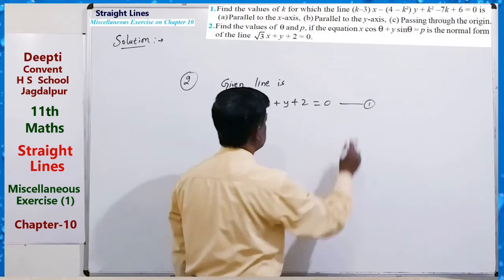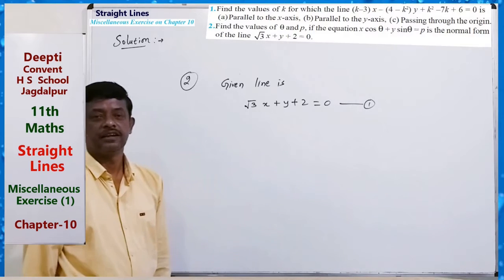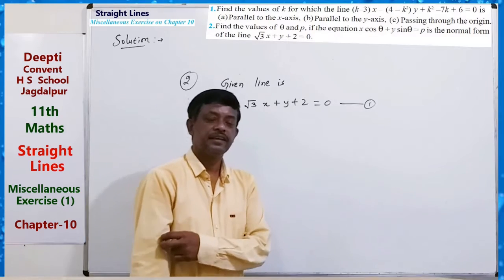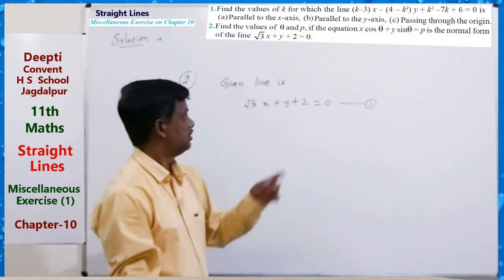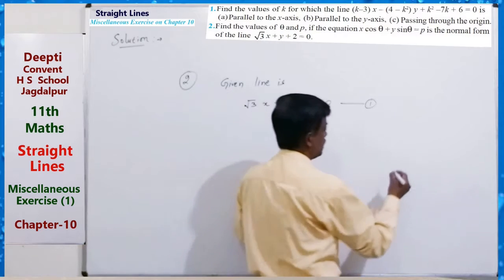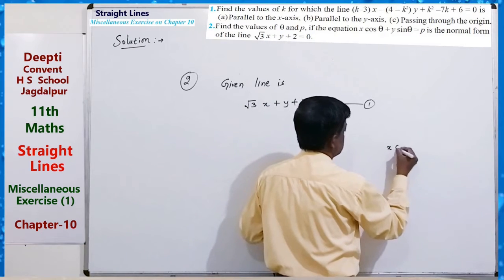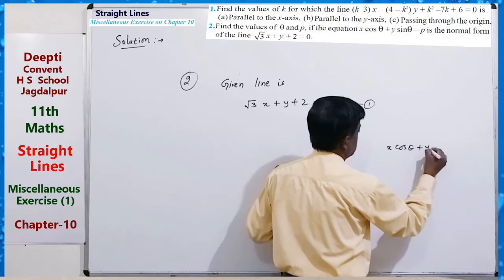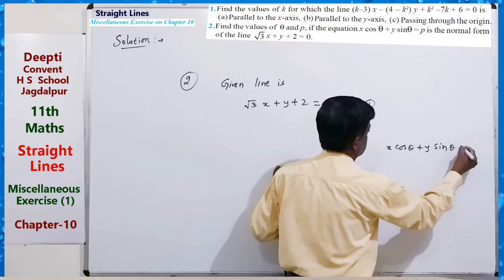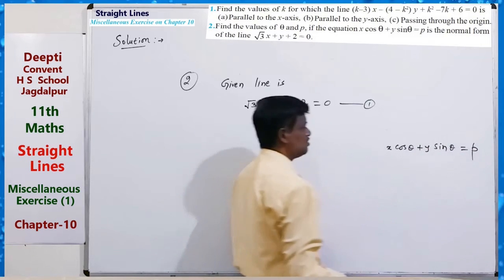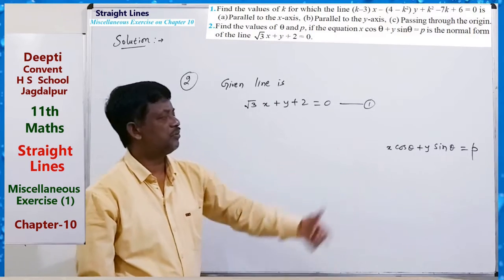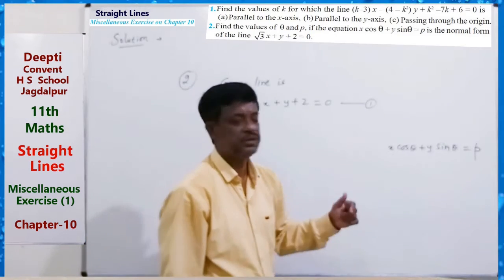This is the given line. And its normal form is x cos theta plus y sin theta equals to p. That is, we have to find the value of theta and p here.